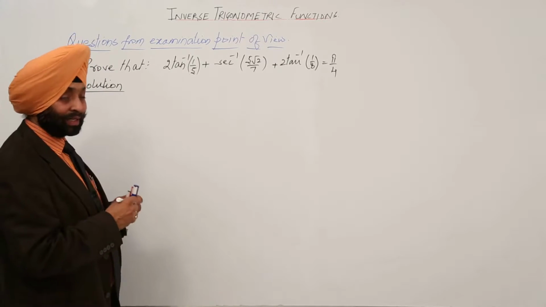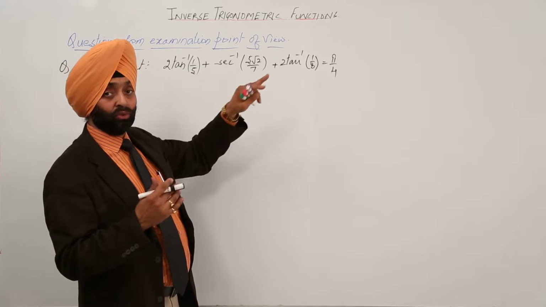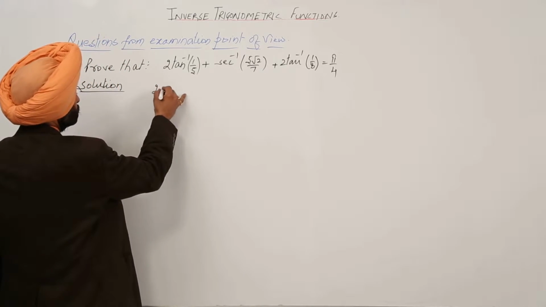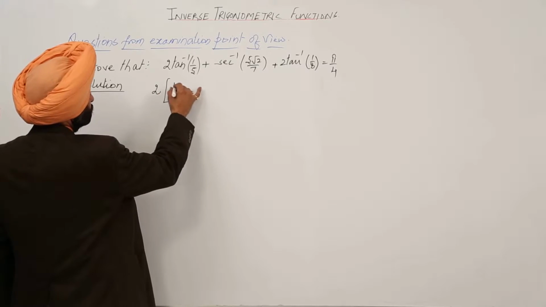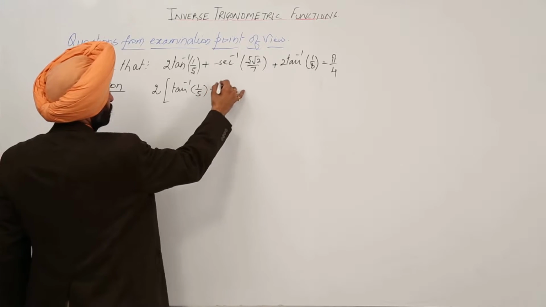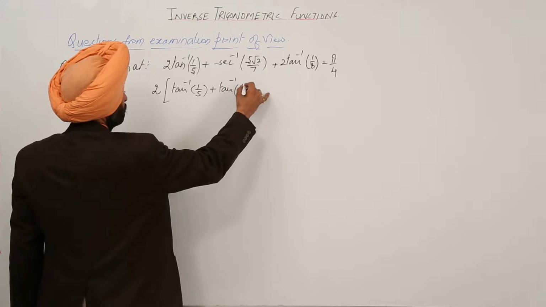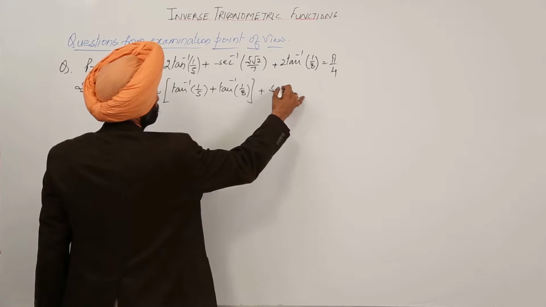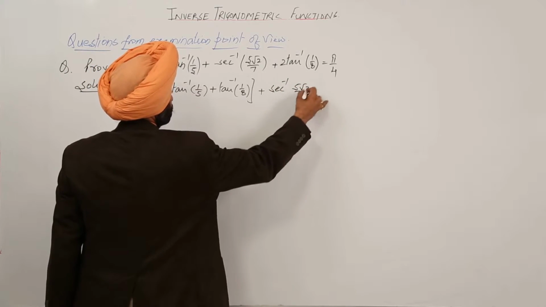Okay, so starting, because these two terms are with 2 tan inverse, we can take 2 common, and inside we can write tan inverse 1 by 5 plus tan inverse 1 by 8 plus secant inverse 5 root 2 by 7.